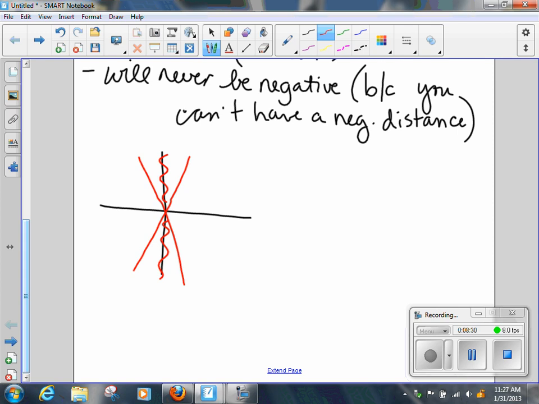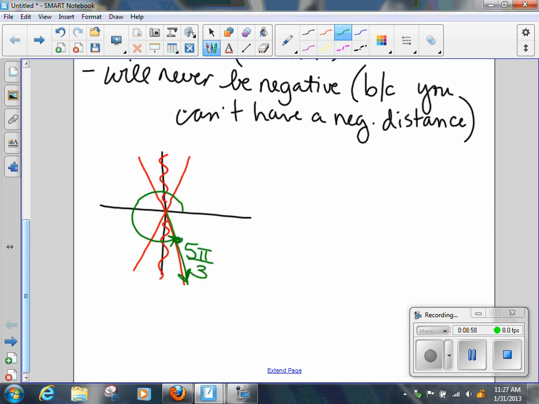What if I did this? I've just graphed this angle right here. First of all, what is that angle measure? 5 pi over 3, very good.